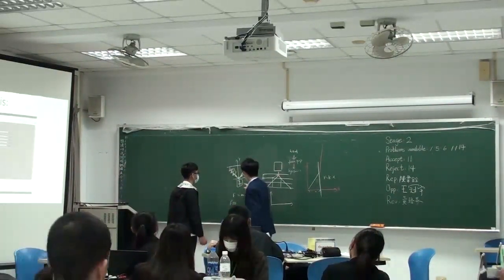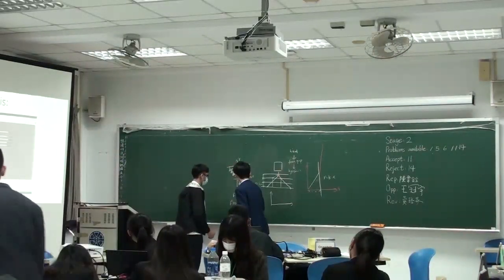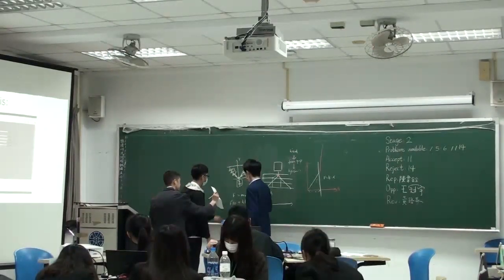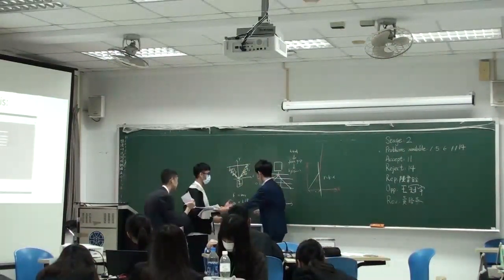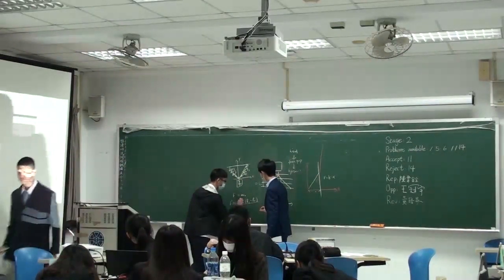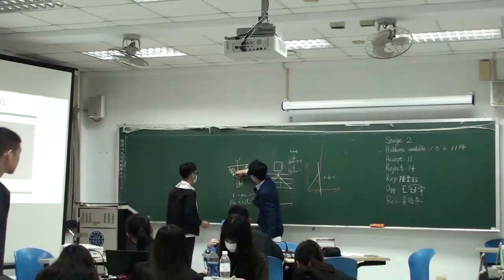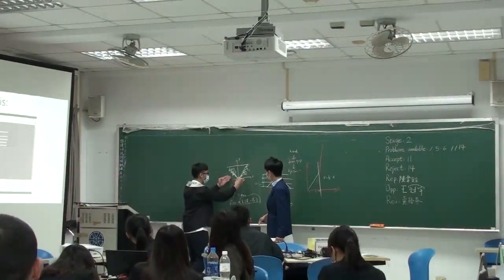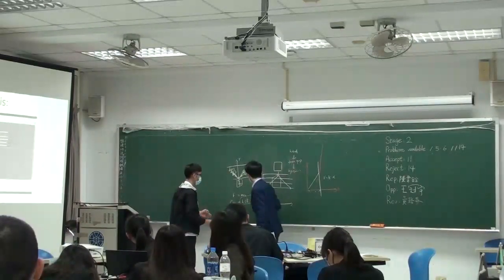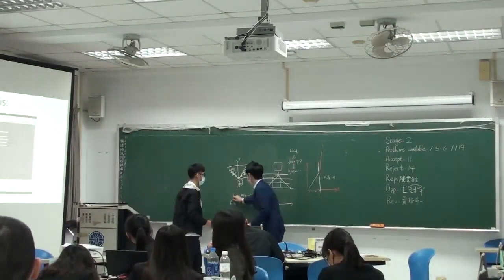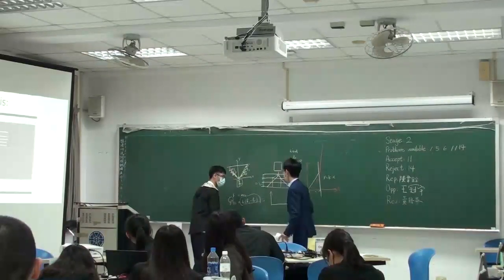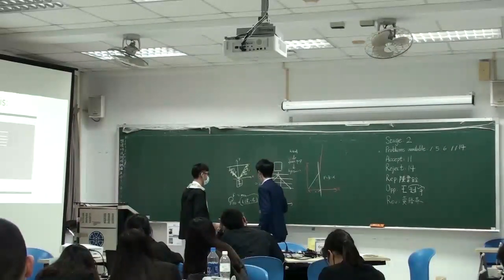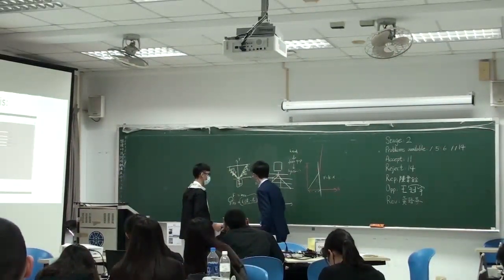Your force sensor applies a force plus K times L1 minus L0. What is K? What does this value mean? What is plus? They are in different directions, so it might be a vector.